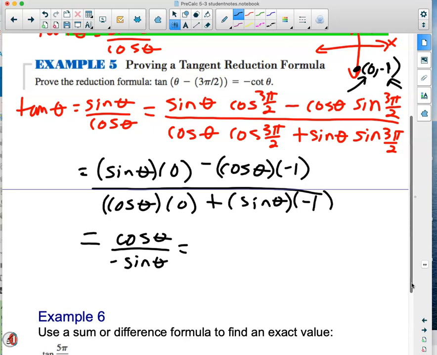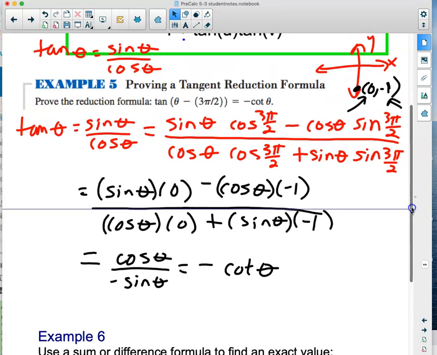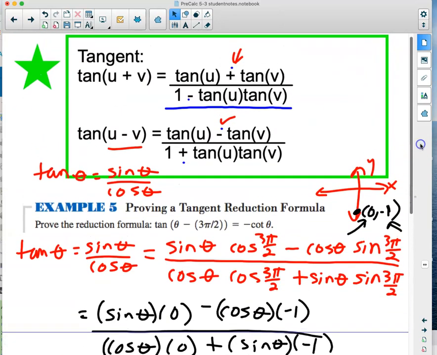So cosine of theta over negative sine of theta, and I start thinking, I want this as a single trig function, so I'll put the negative on there, cosine over sine. What is that? Oh, that's cotangent of theta. So that leads us to where we need to be. Again, you could prove this reduction formula with the tangent difference formula right here.